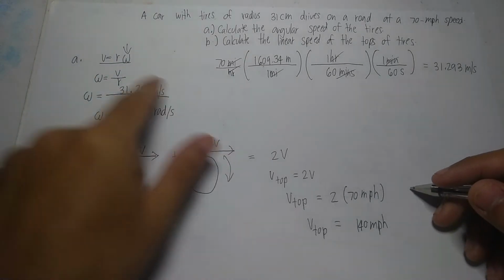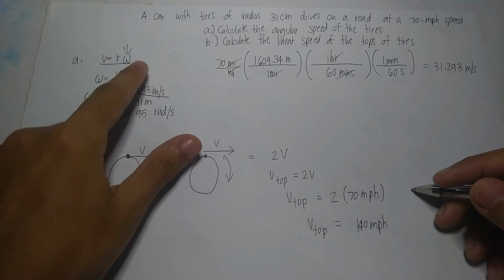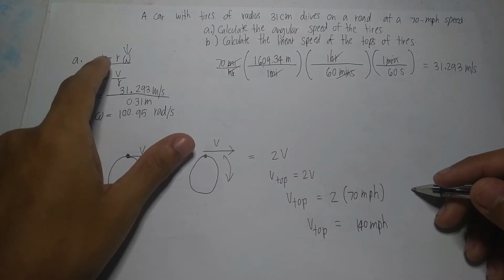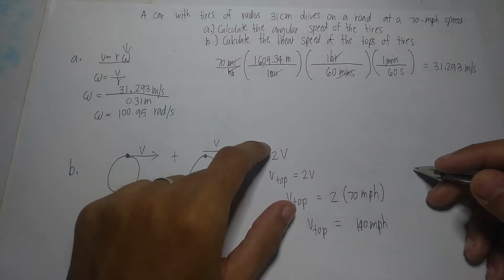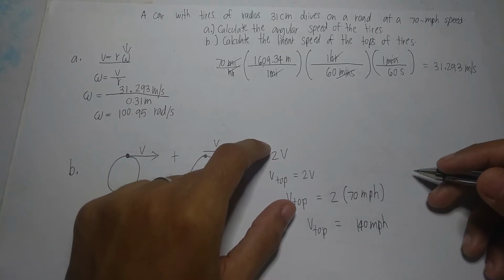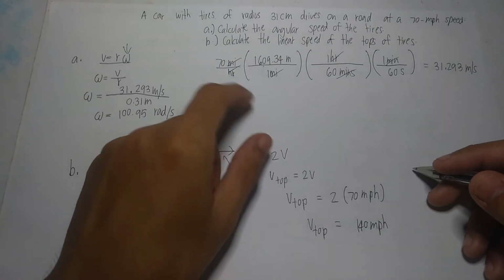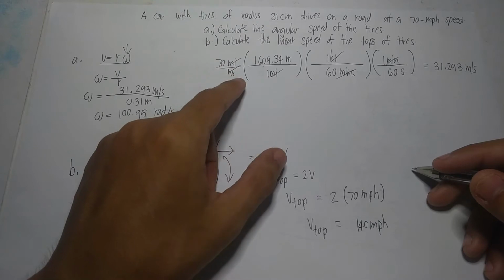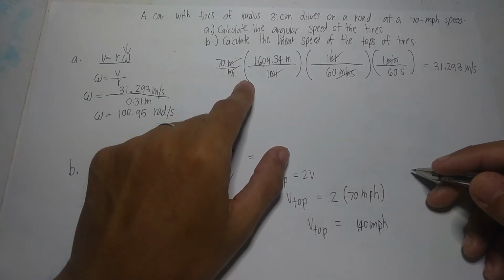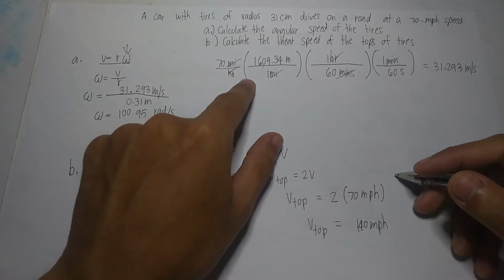So in order for us to plug in the values and derive the equation that we will use, we must first convert the unit of the linear velocity because the unit is miles per hour. So to do that, we will factor it out.